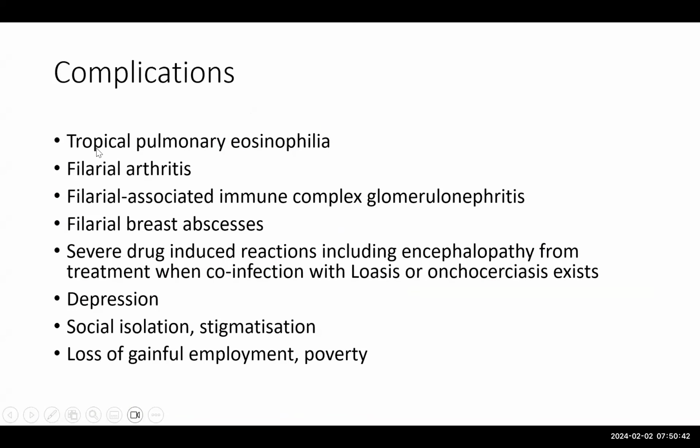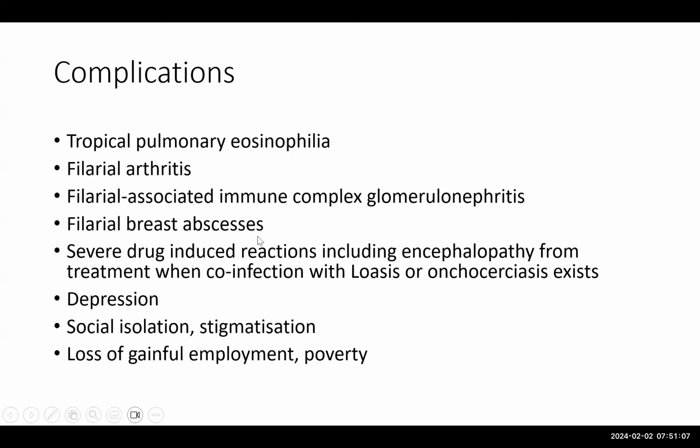Now, complications could include tropical pulmonary eosinophilia, which is one of the acute manifestations. We would have filarial arthritis if there's deposition near joints, and filaria-associated immune complex glomerulonephritis. So there's chronic inflammation going on, and we could have immune complex mediated diseases.